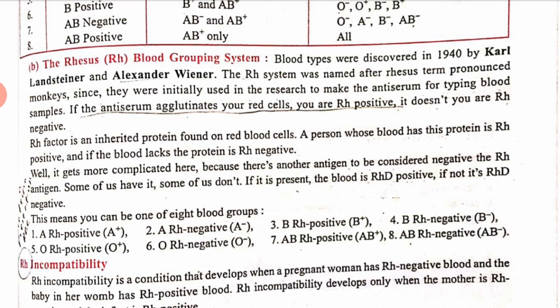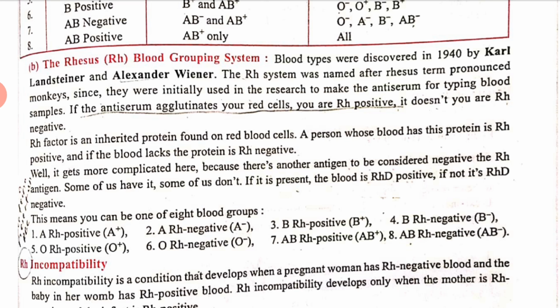If the antiserum agglutinates your red cells, you are Rh positive. If it does not, you are Rh negative. Clear? So the Rh factor is an inherited protein found in the RBCs. A person whose blood has this protein is Rh positive, and who lacks this protein is Rh negative.